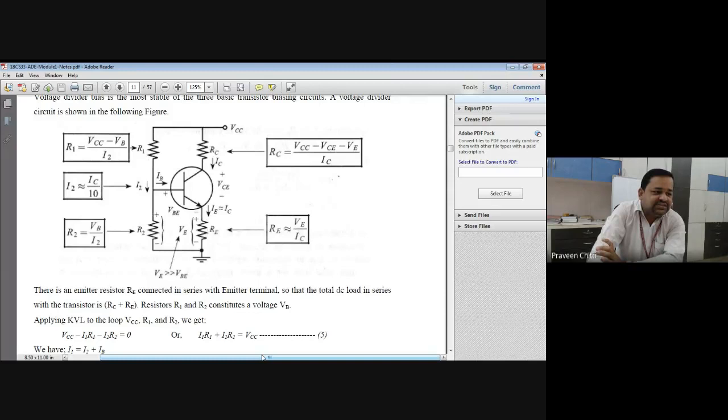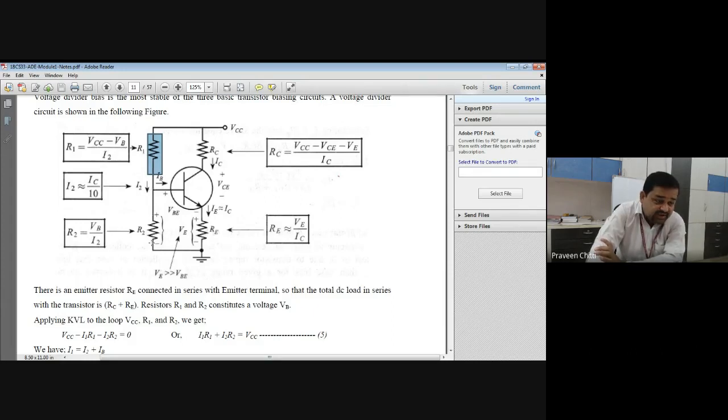Current through a resistor is nothing but the potential difference between the two ends of the resistor divided by that resistor. So current I2 is equal to the voltage at this end, that is VCC, and the voltage at this end, VB, then VCC minus VB by R1 gives this current I2, or R1 can be written as VCC minus VB by I2.